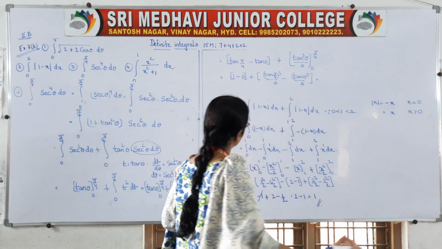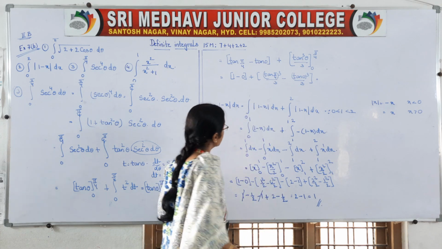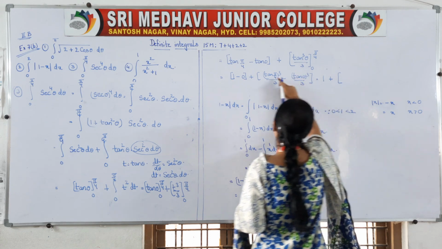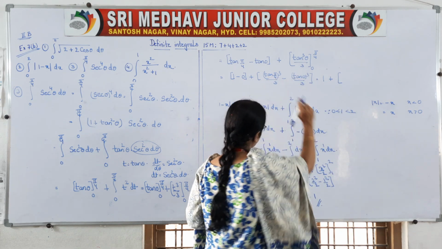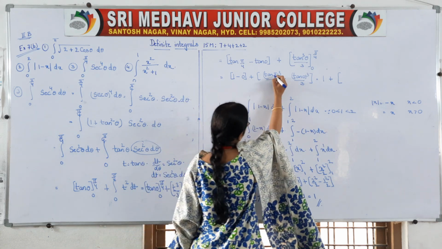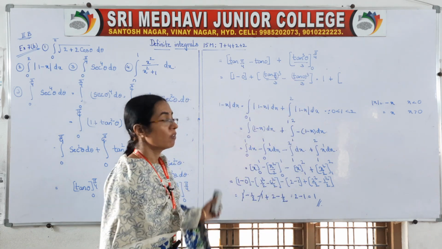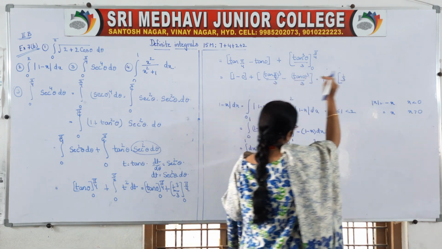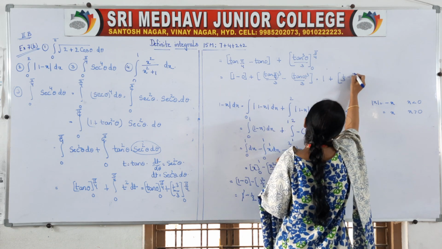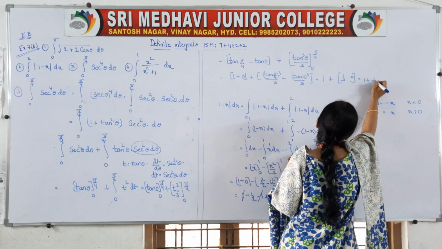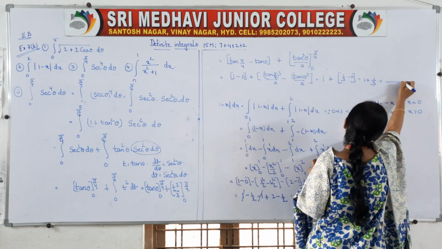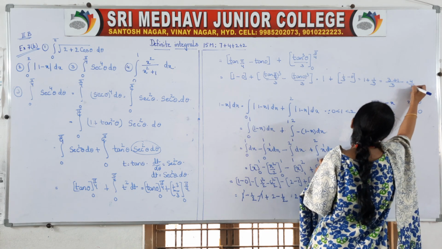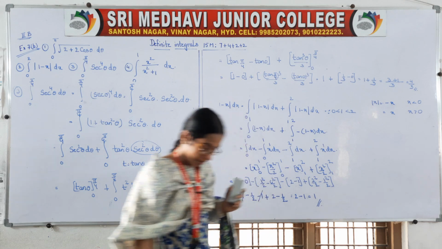So it is equal to 1 minus 0, which is 1, plus, same thing, tan pi by 4, that is 45 degrees, that is 1. 1 cube is 1, so 1 by 3 minus tan 0, which is 0, so 0 by 3 is 0. So it is equal to 1 plus 1 by 3. Taking the LCM, 3 is the LCM. So 3 plus 1 is equal to 4 by 3, which is the answer.